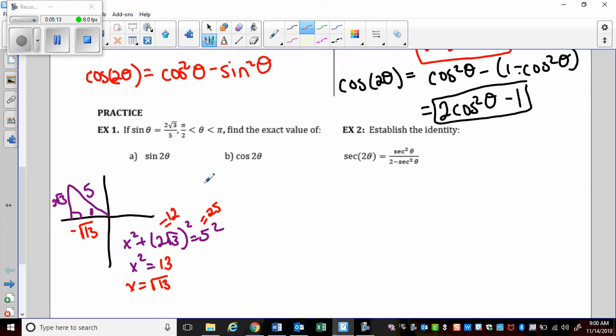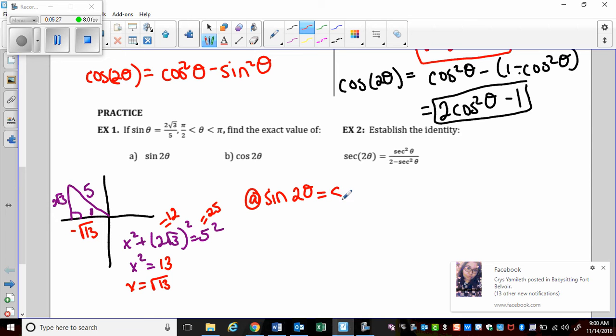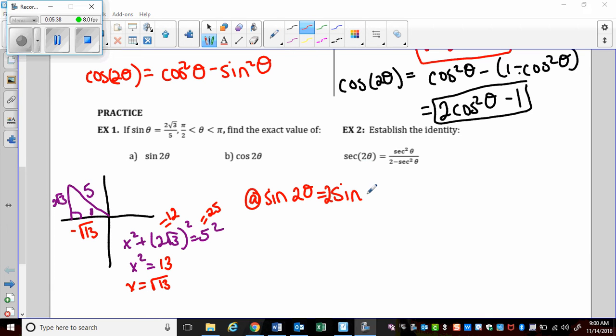Okay, so it says, let's do A first. A is sine of 2 theta. Well, sine of 2 theta is 2 sine theta cosine theta. And we don't know exactly what theta is, but we know that it's right here.